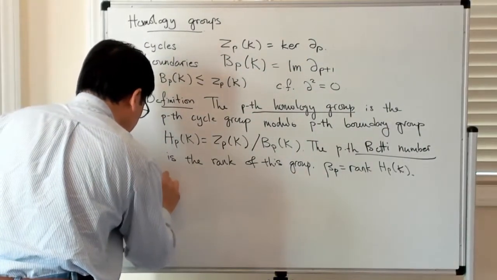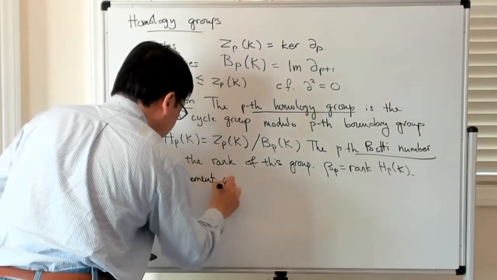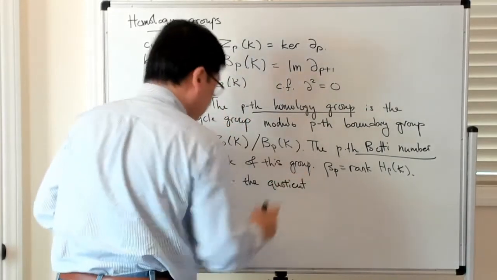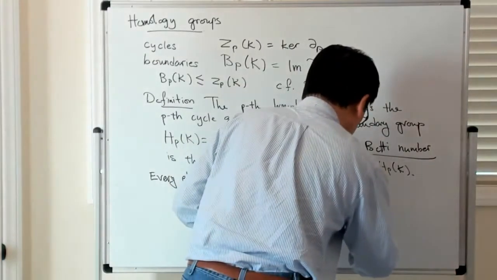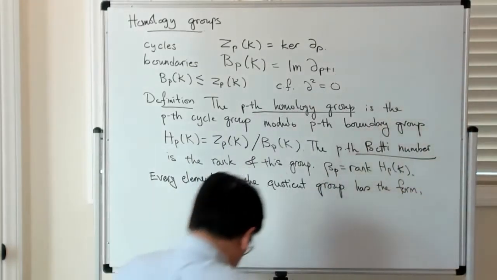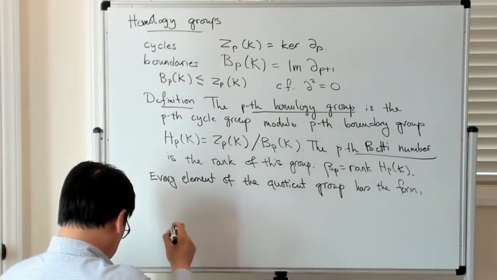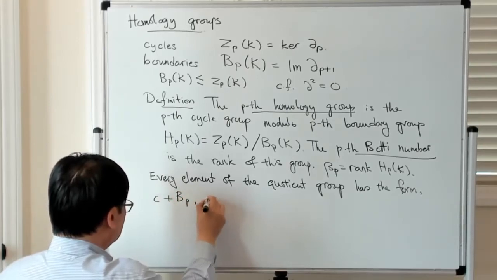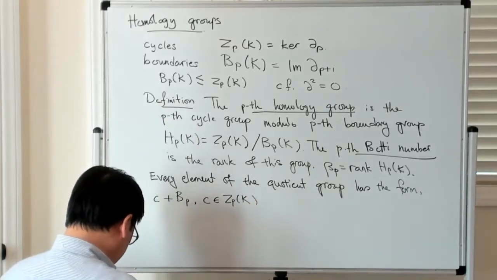Every element of the quotient group has the form of, let's say, C plus B_P, where C is in Z_P of K, and B_P is what you expect it to be.